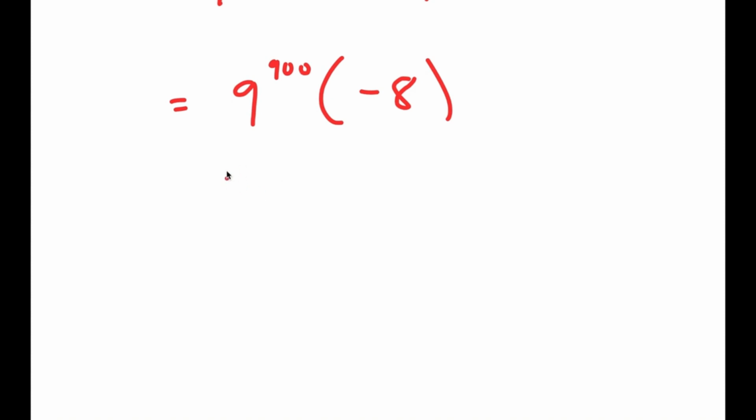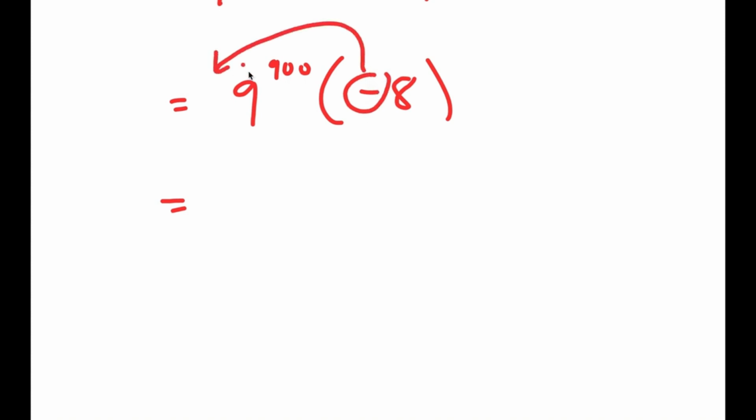Now from here, I said I was going to simplify this as much as possible. And we can't really get the exact value because 9 to the power of 900 is such a big number. However, what we can get is the simplified value, and we're going to simplify it as much as possible.